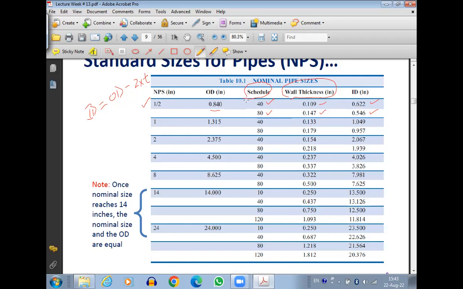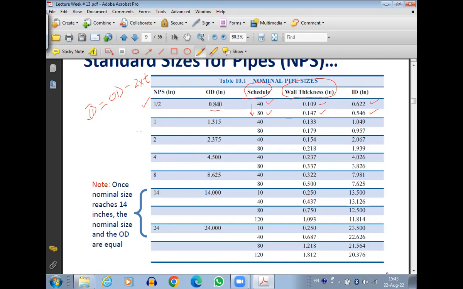The second thing is that if the schedule increases, the thickness increases. When we say schedule 40 and schedule 80, which one will be the thicker pipe? The thicker pipe will be the schedule 80. The schedule 80 pipe can withstand higher pressures because it is thicker. It is stronger.